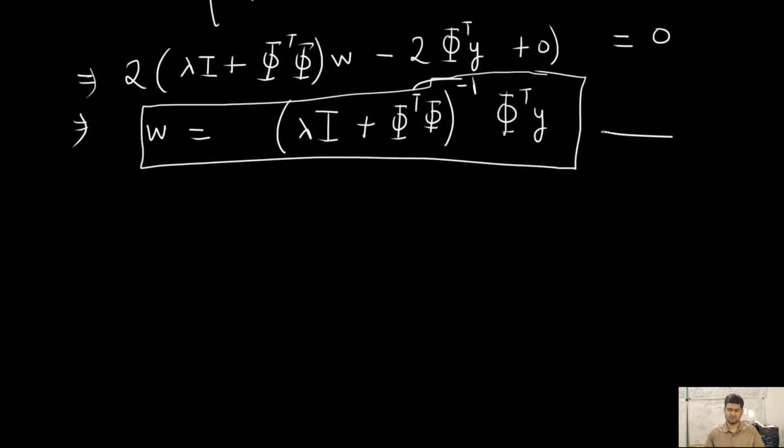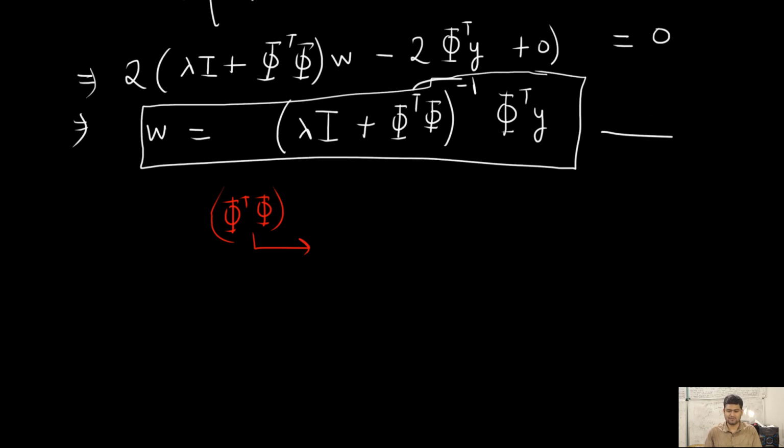So this represents the solution for the L2 norm regularized least squares, right? And this has many advantages. For example, the matrix phi transpose phi might not be invertible, right? For example, its determinant might be 0.